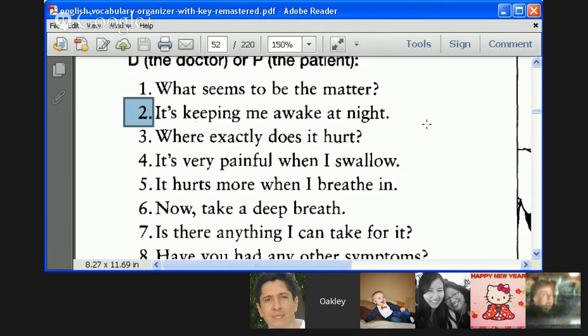Gemma, number 2. It's keeping me awake at night. I think patients say this sentence. Yeah, right. Okay. What symptom might keep a patient awake at night?